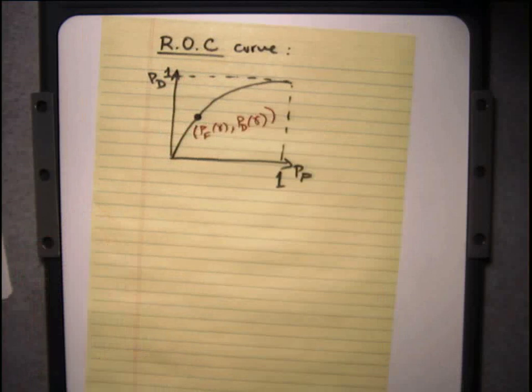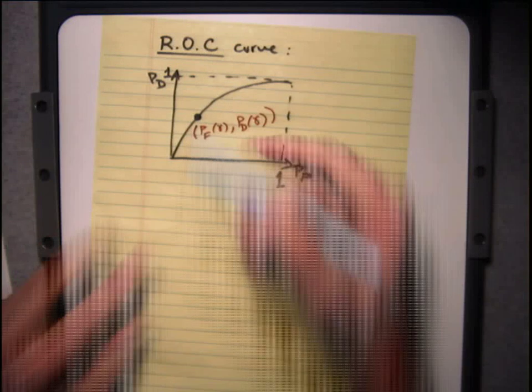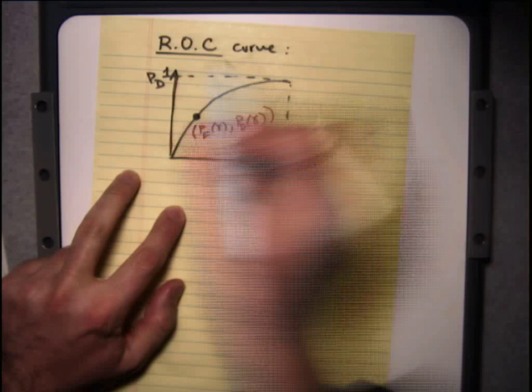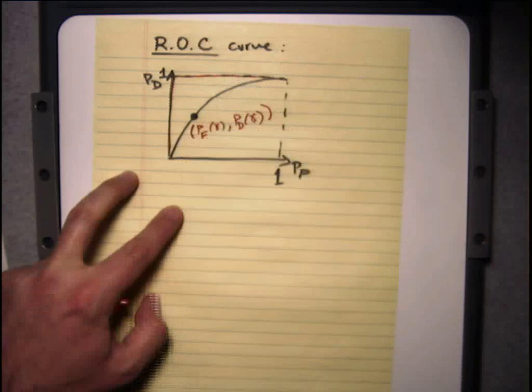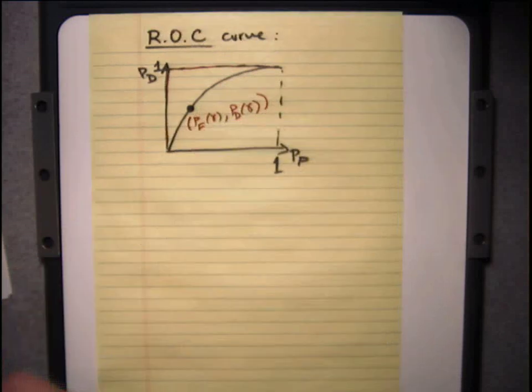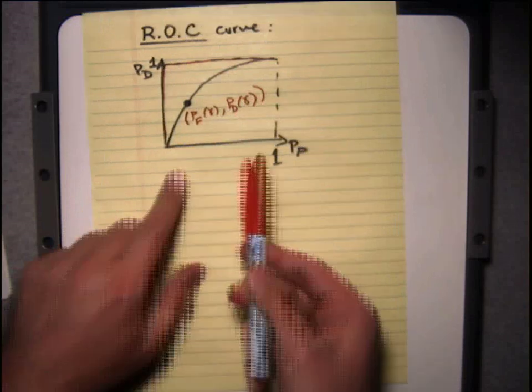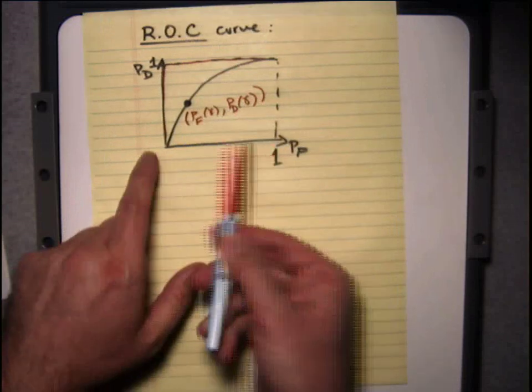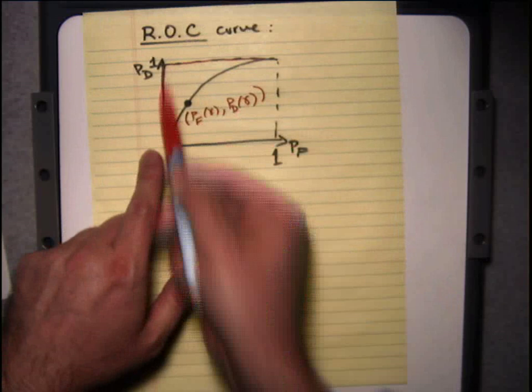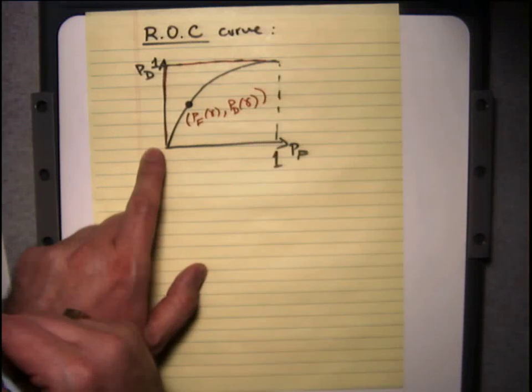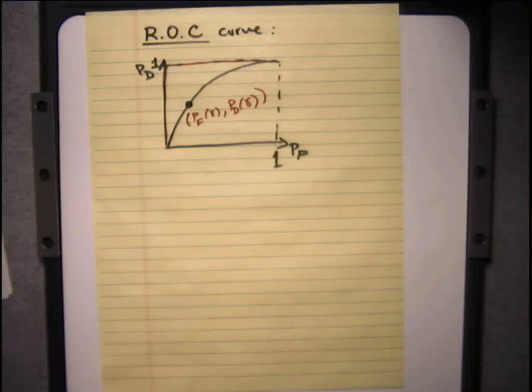So what is the ideal receiver operating characteristic? What is the best ROC curve you can have? Is this. Okay? And what does that mean? It means for any false alarm rate, you get perfect detection. Okay? On the other hand, you have this curve that we talked about last time, which was the so-called chance line.